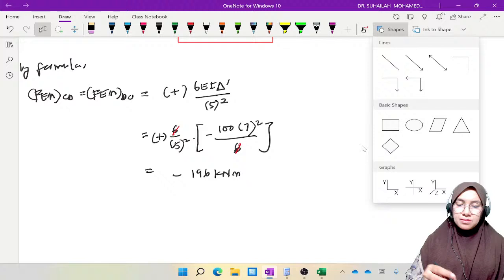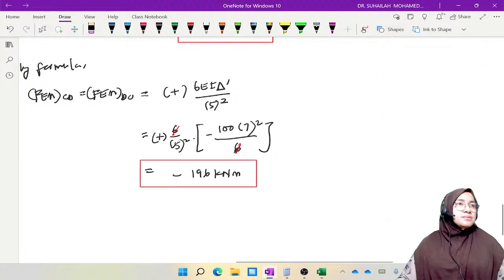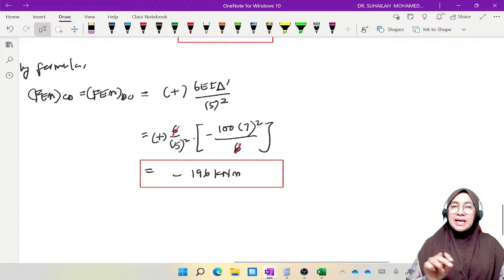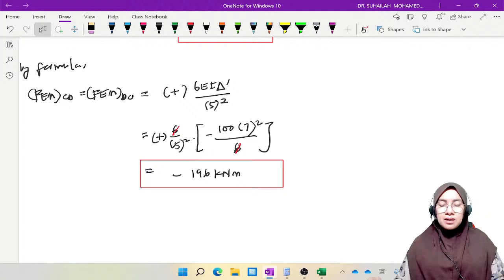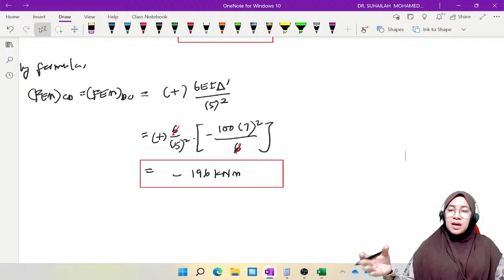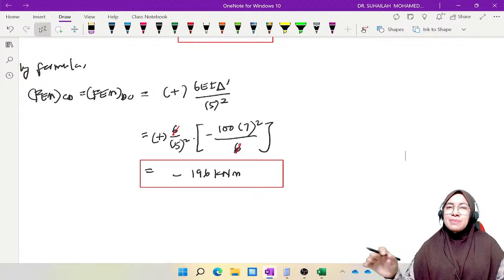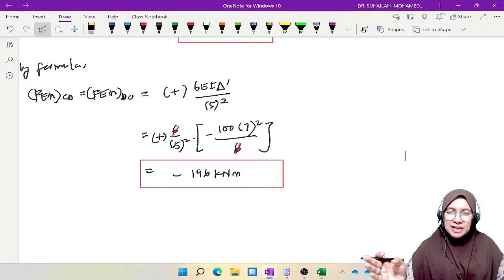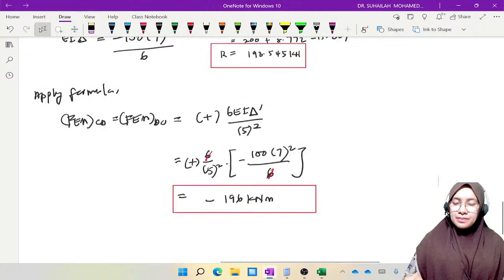So this negative 196 represents FEM for CD and DC, and the negative 100 represents FEM for AB and BA. There is no value for FEM for BC and CB because there is no vertical displacement, so we don't need to calculate FEM for member BC.